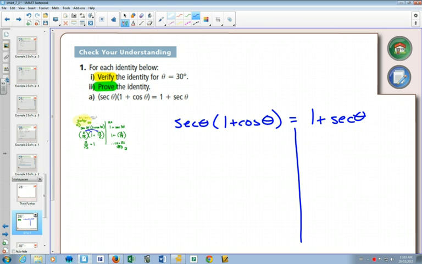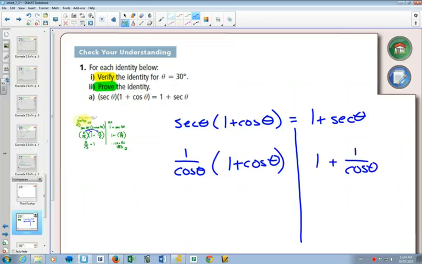Secant and cosecant are just 1 over cos and 1 over sine. So I'm going to do that, even though there might be a shorter way. I'm going to change secant to 1 over cos. That would be there. And this side would be 1 over cos. At least now both sides have the same trig functions.